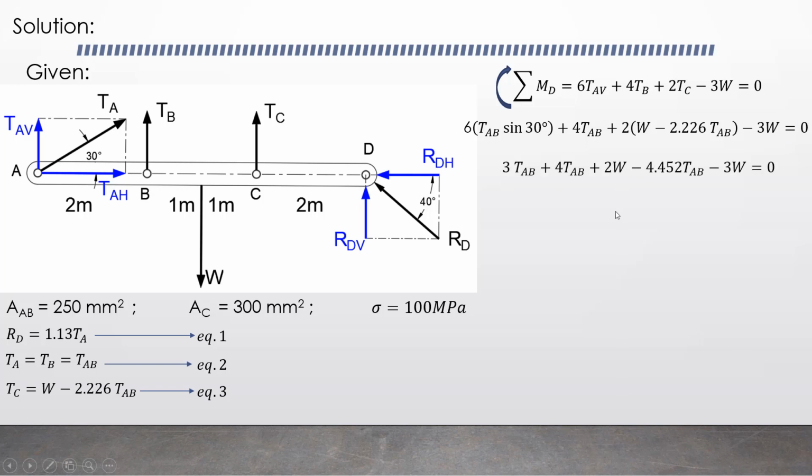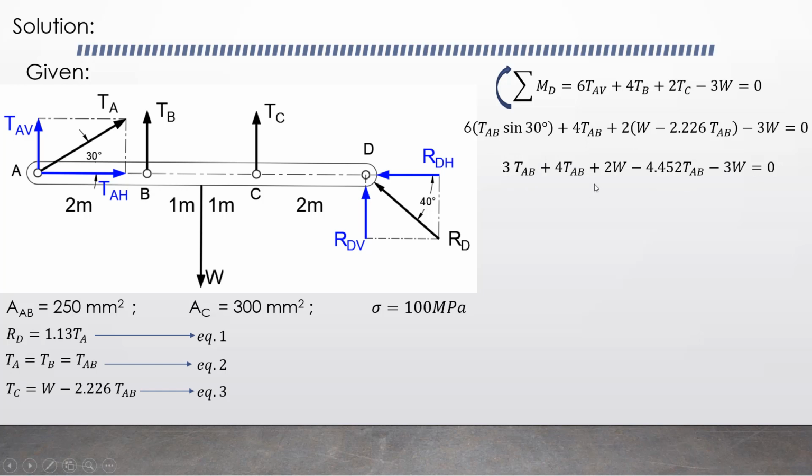So getting the values, we have 3 TAB plus 4 TAB plus 2W minus 4.452 TAB. We get that from multiplying 2 here, and then minus 3W.